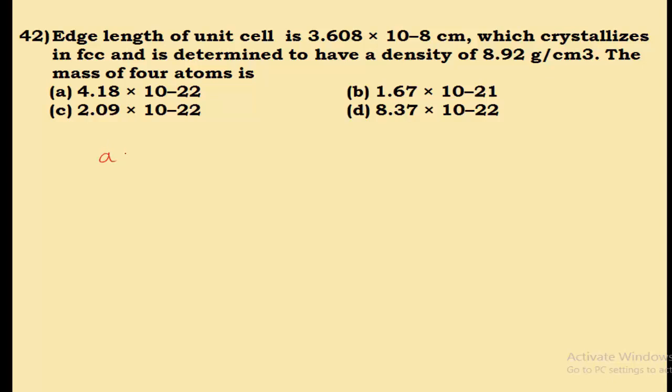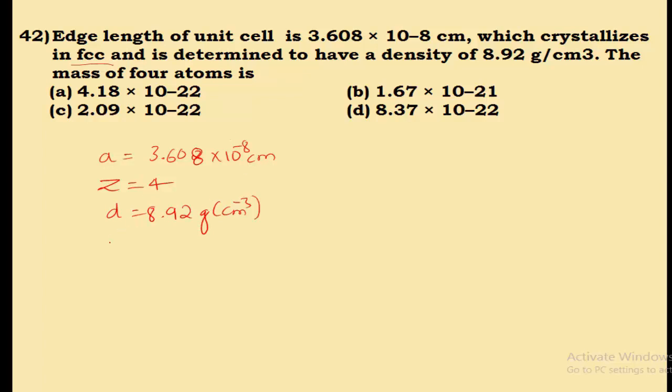So edge length of unit cell a is equal to 3.608 into 10 raised to minus 8 centimeter, which crystallizes in FCC. So Z is equal to 4 and is determined to have a density of 8.92 gram per cm cube.